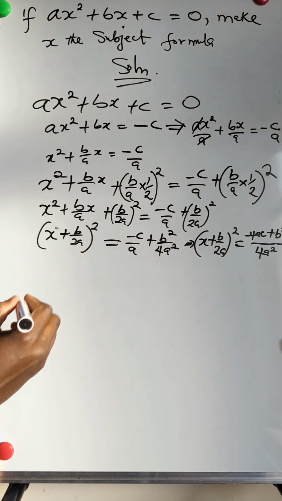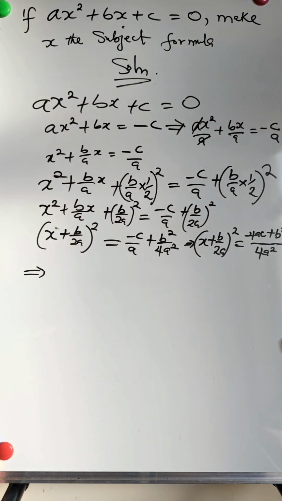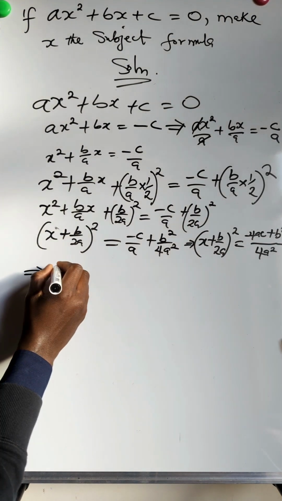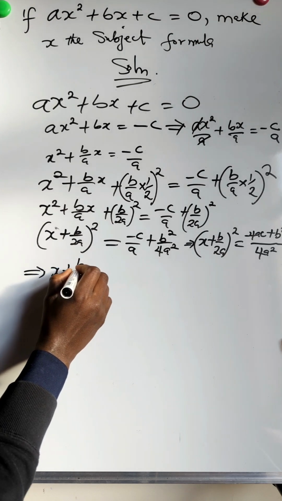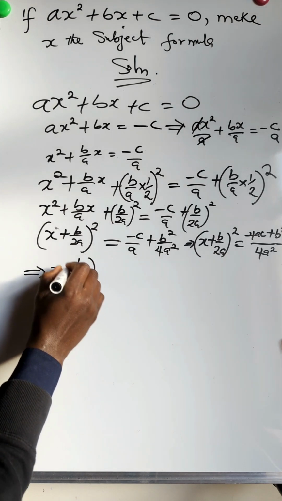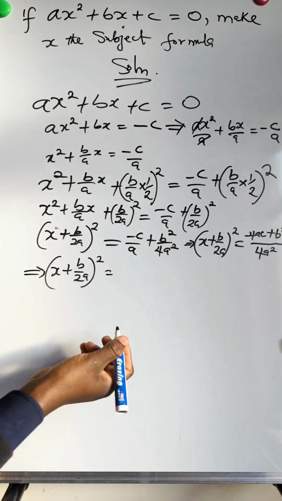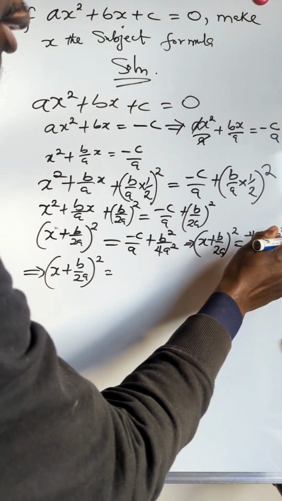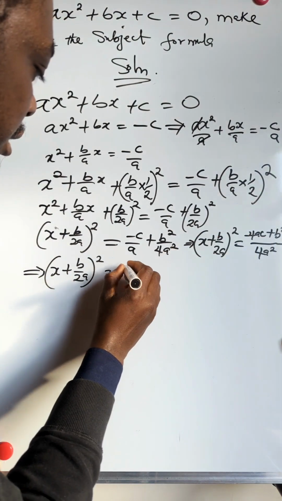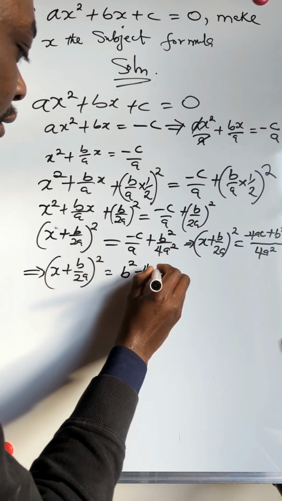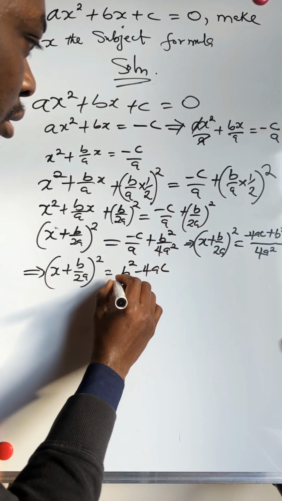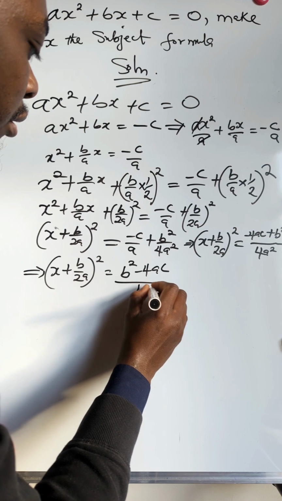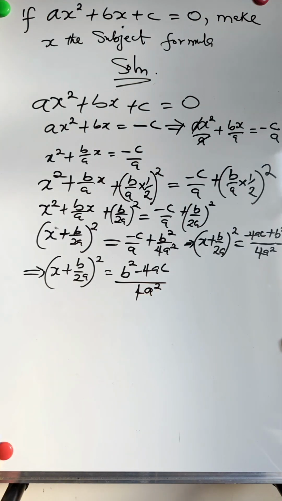So at this point we'll have x plus b over 2a squared is equal to b squared minus 4ac all over 4a squared. Good. Yes.